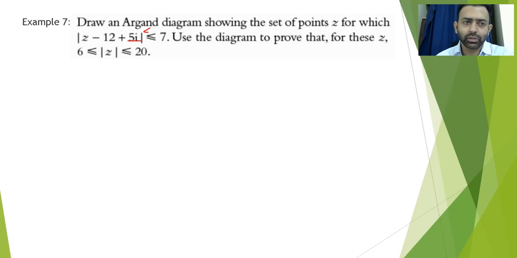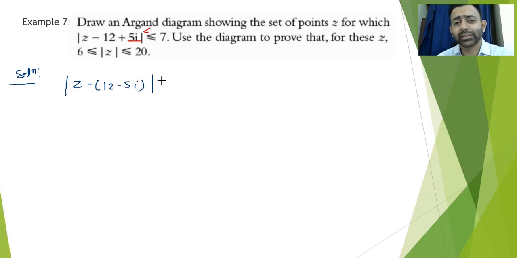So let us solve this. I'm writing this as mod of z minus (12 minus 5i), and replacing the inequality with an equal sign, equal to 7, just to sketch the circle, right? So there is a point 12 comma minus 5 which is the center, and the radius is 7. Let us quickly sketch this.